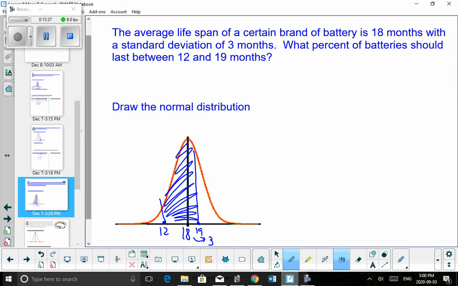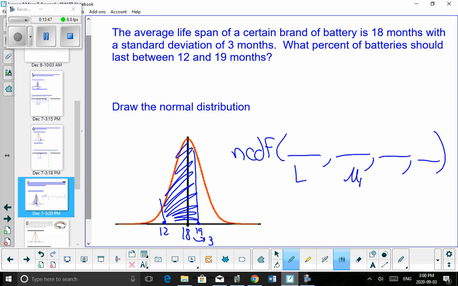So we're going to go normal CDF: the lower, the upper, the mean, and the standard deviation. The lower is the left, the upper is the right, the mean is the number in the middle, and the standard deviation is what you're counting by.